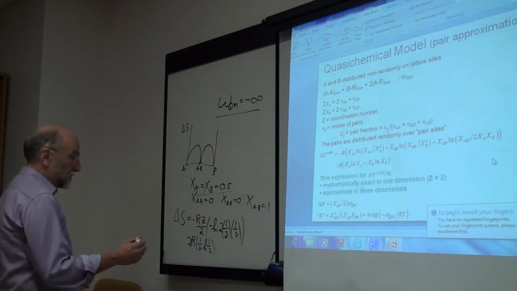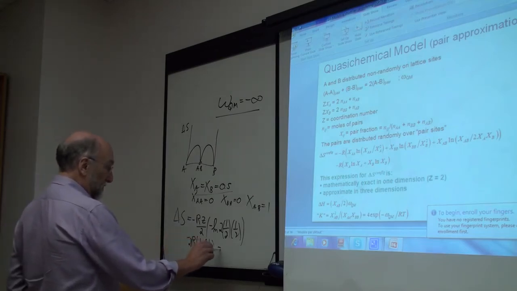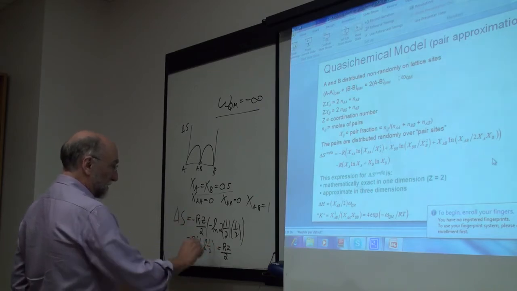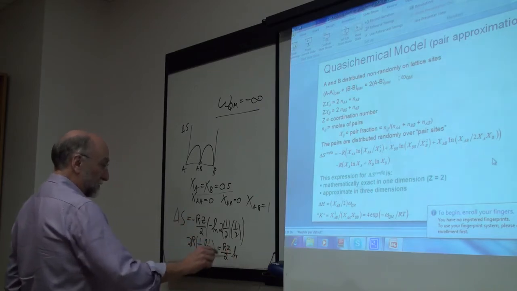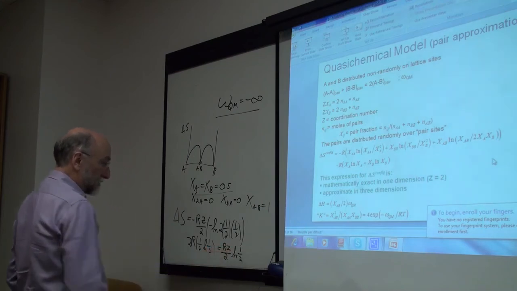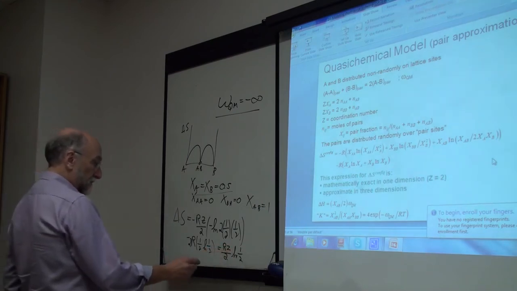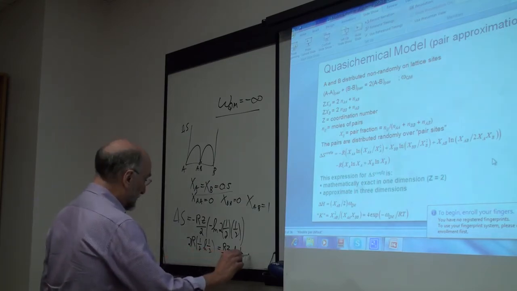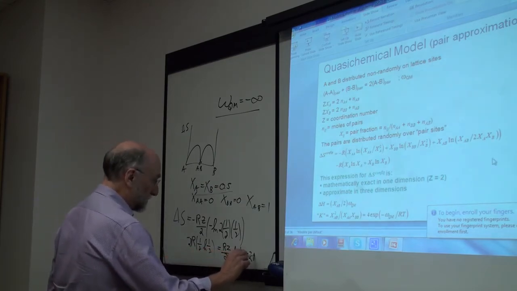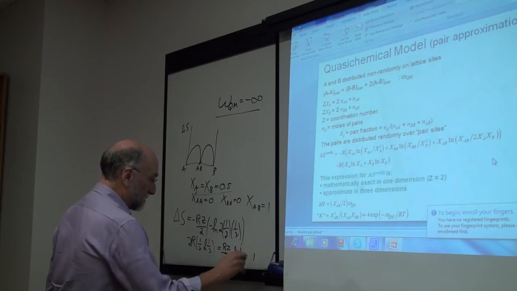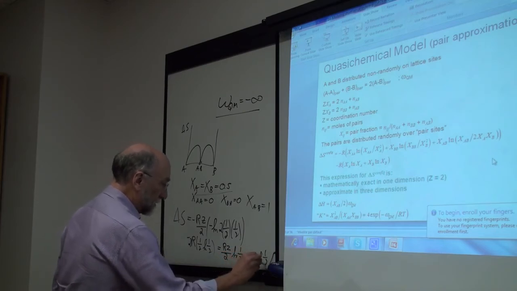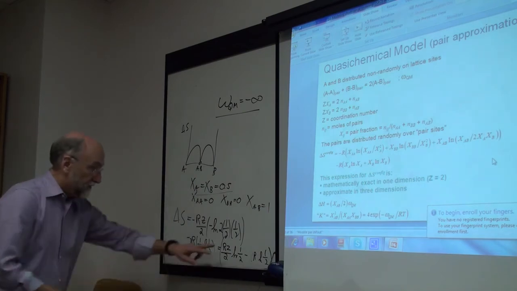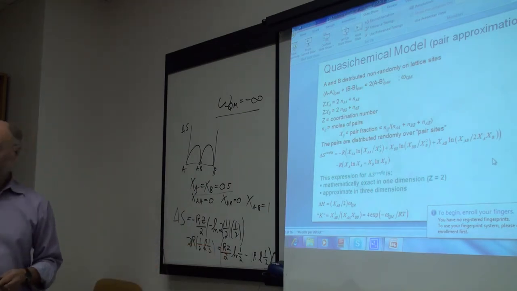Let's work this out now. This is equal to R Z over 2 log of 1/2 minus 2 minus R log 1/2. And you can see that this is 0 if in fact Z equals 2.